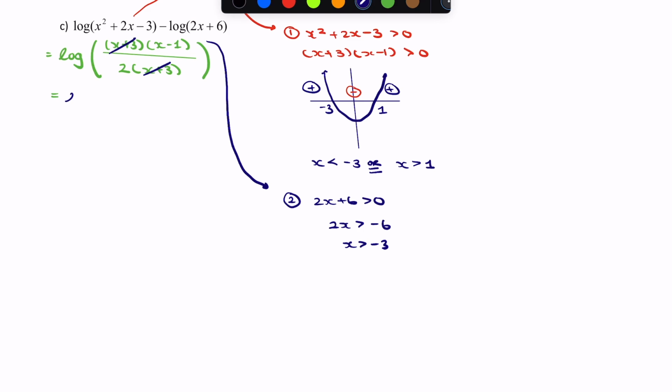So here we'll be left with log of x minus 1 over 2.